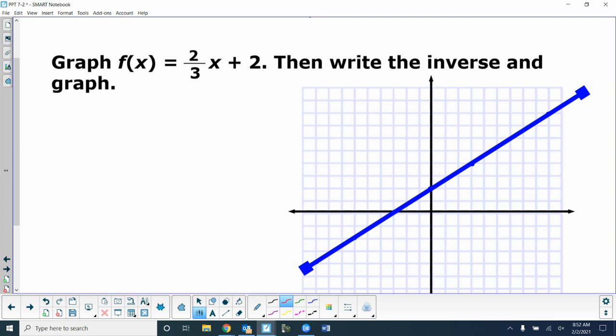Solve for what? You got it started, right? Move that over here? Yeah.